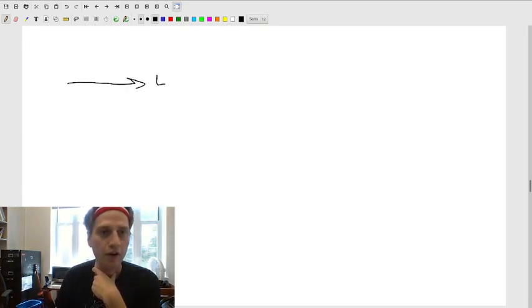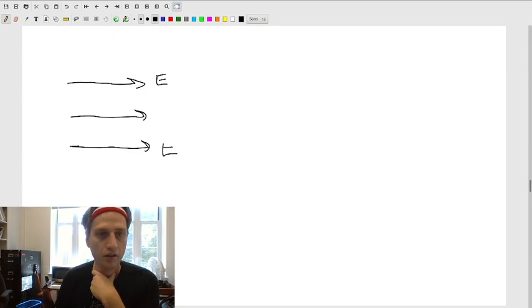So if we have our E pointing in some constant direction, there's our electric field. I could have my dipole oriented along. So there's my minus to my plus, there's my p.